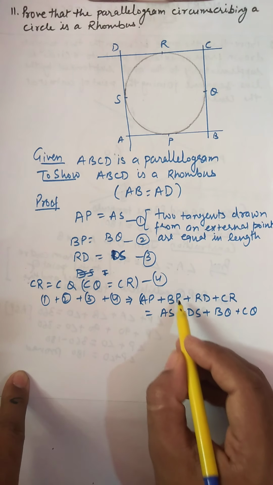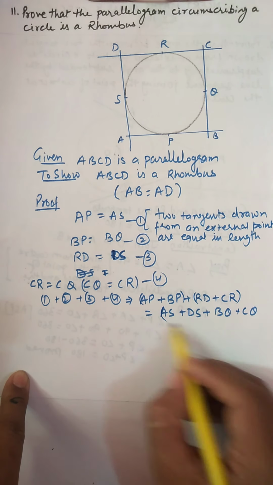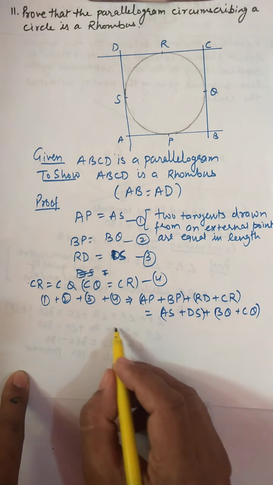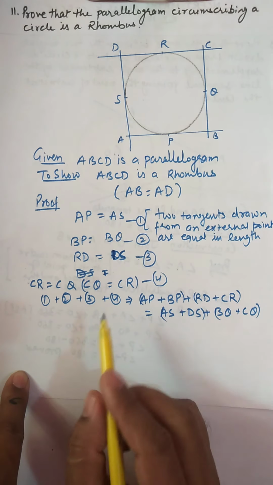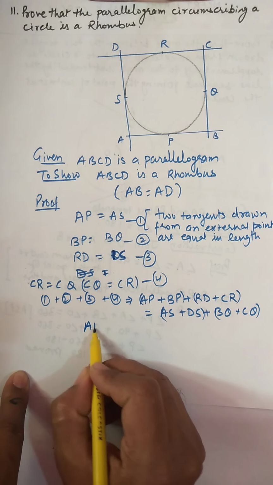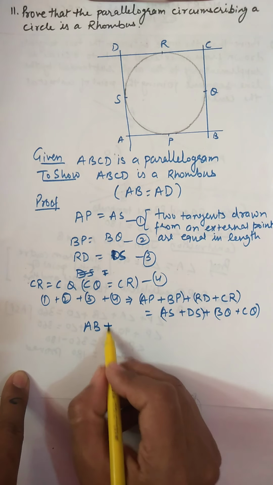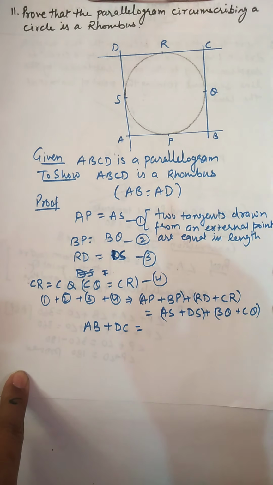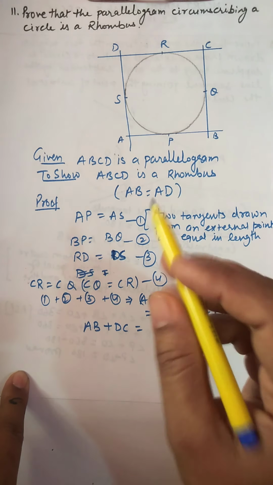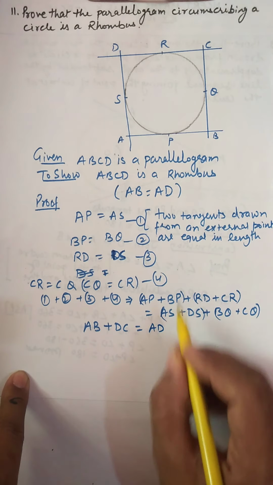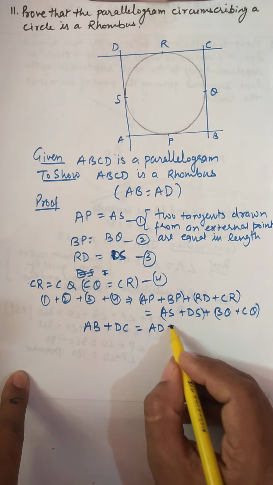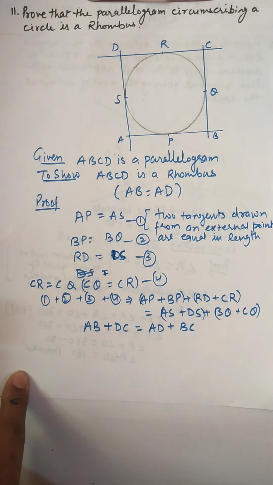Now see what you are getting if you make pairs of these sides. AP plus BP gives you AB, RD plus RC gives you DC, AS plus DS gives you AD, and BQ plus CQ gives you BC.